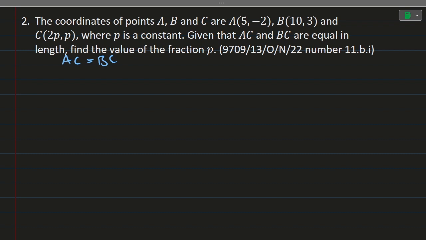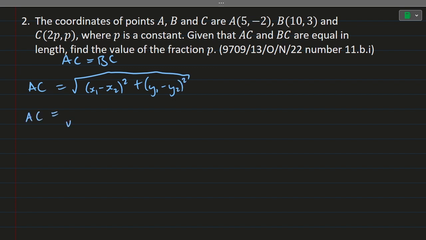So let's start by finding the length of AC, we'll use the formula length is equal to the square root of x1 minus x2 squared plus y1 minus y2 squared.